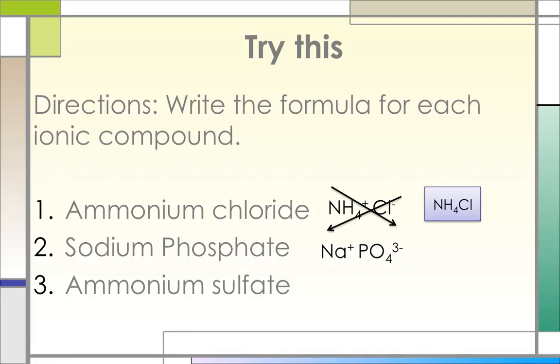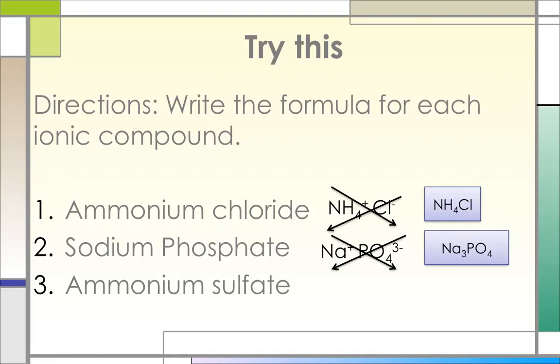For sodium phosphate, you have Na positive, the sodium. Then you have phosphate, PO4 3 negative. Cross, so you got Na3PO4. Again, you don't need an open and close parenthesis for a cation which is a single ion or a monoatomic ion.